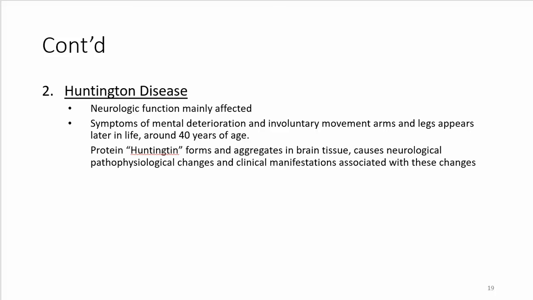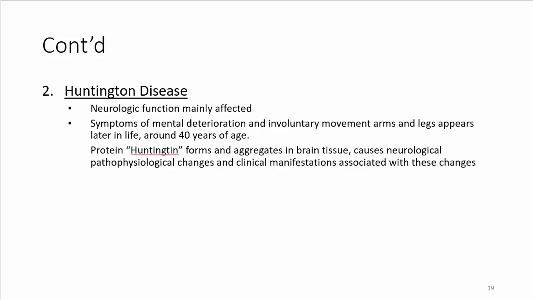Huntington's disease, I've already made mention of this. It's a neurological problem, and it's called Huntington chorea. What happens is proteins are made and they aggregate in the brain tissue, and it becomes a deterioration of the central nervous system, and it takes about 40 years of accumulation of this to start having profound effects.